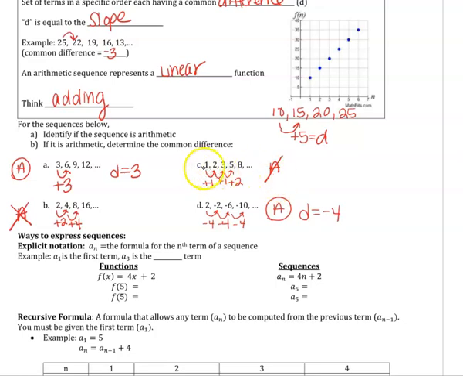Now, let's talk for a second about C. There actually is a pattern that some of you might know. What is 1 plus 2? 3. What is 2 plus 3? 5. What is 3 plus 5? 8. So what do you think the next term of the sequence is? You said 13. You would be right, because 5 plus 8 is 13.